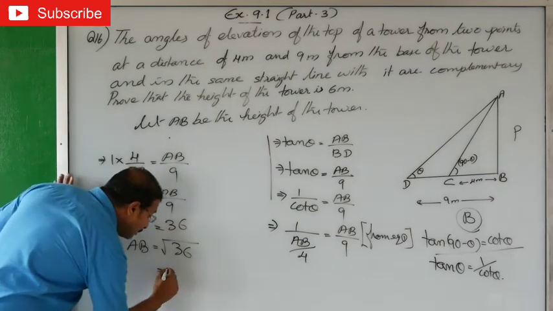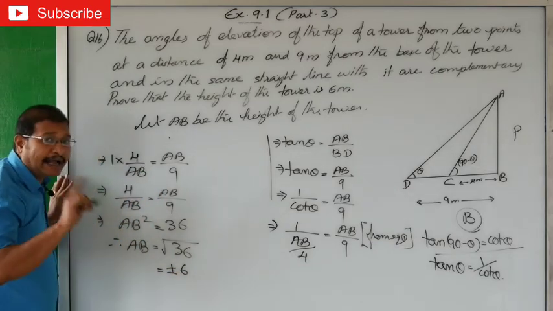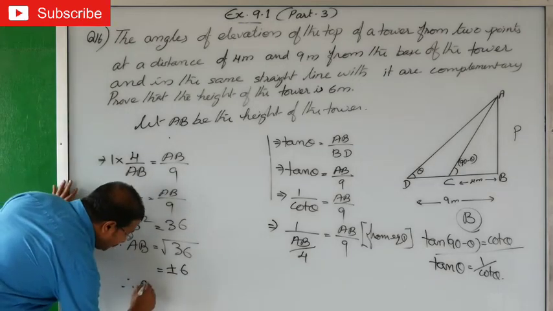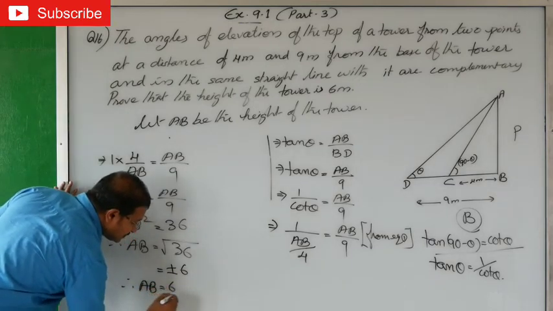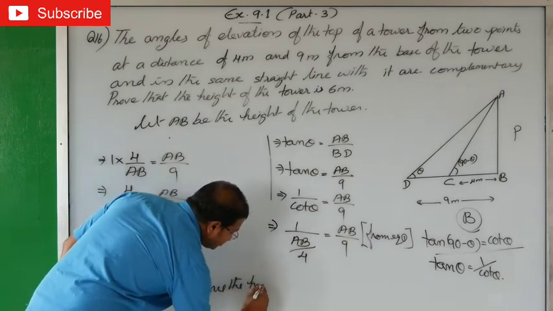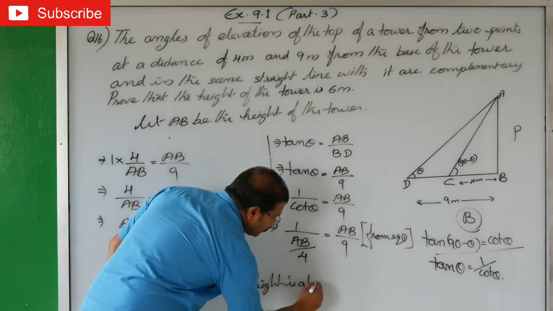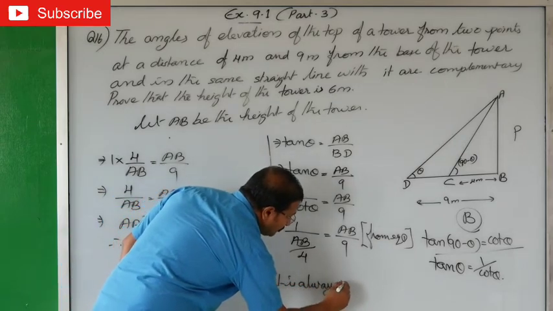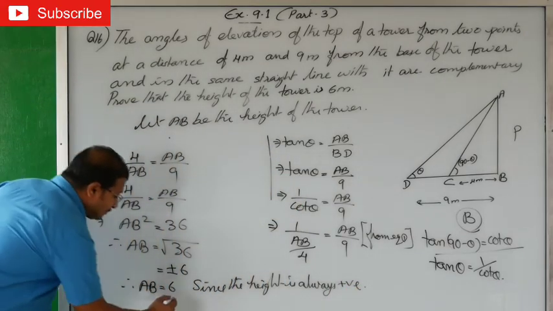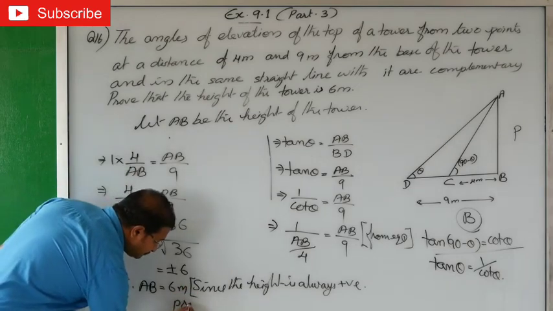That means you will get plus or minus 6. But we know that height is always positive. Therefore, AB equals 6, since the height is always positive. That means you got the height is 6 meter. Proved, isn't it? Proved.